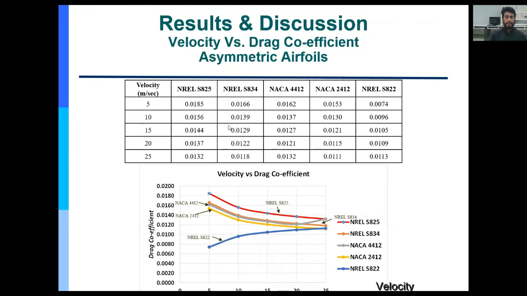These are the velocity versus drag coefficient results for asymmetric aerofoils. This table shows the velocity versus drag coefficient for asymmetric aerofoils.